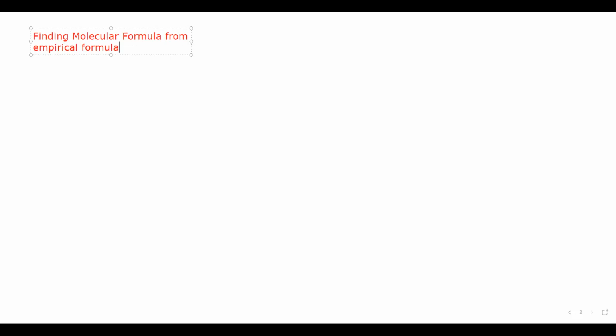So if the empirical formula is given and we want to find the molecular formula, the relation is: the molecular formula is equal to the empirical formula multiplied by n.